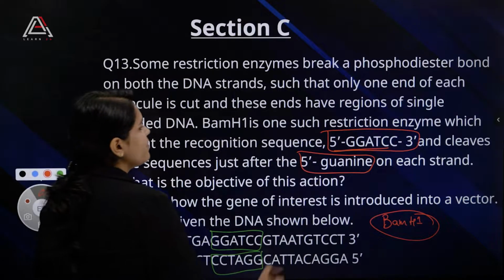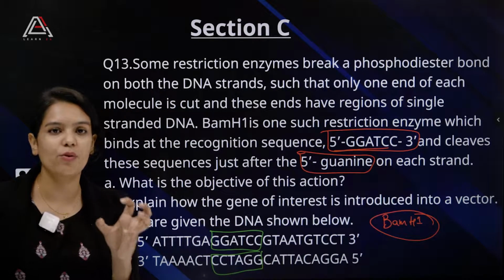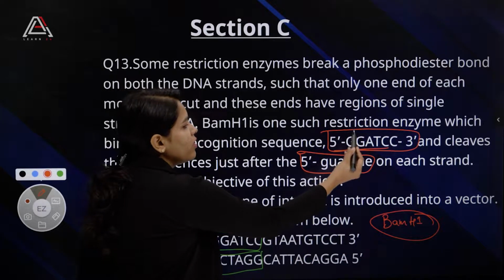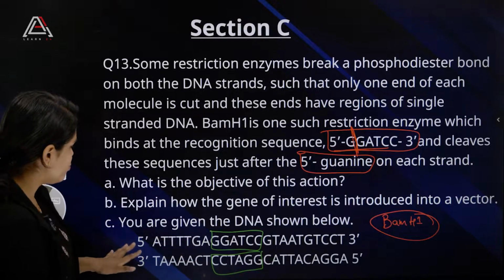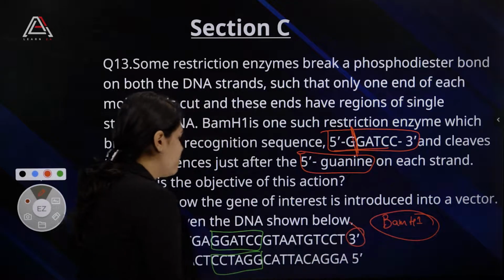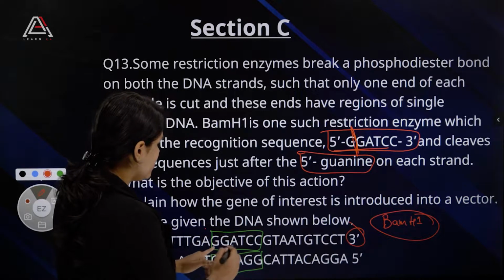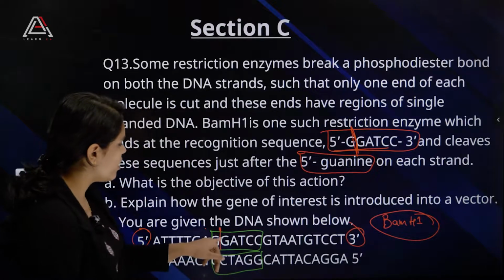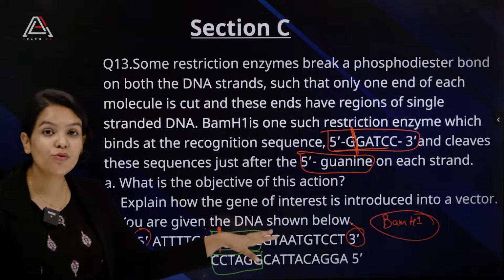Now the next step: they are telling us that it cleaves after 5' guanine. Here it will cleave. Let's see. The polarity here is 5', the polarity here is 3'. So moving from 5' to 3', you can see here, after 5' guanine, this fragment will cleave here, forming 2 fragments.